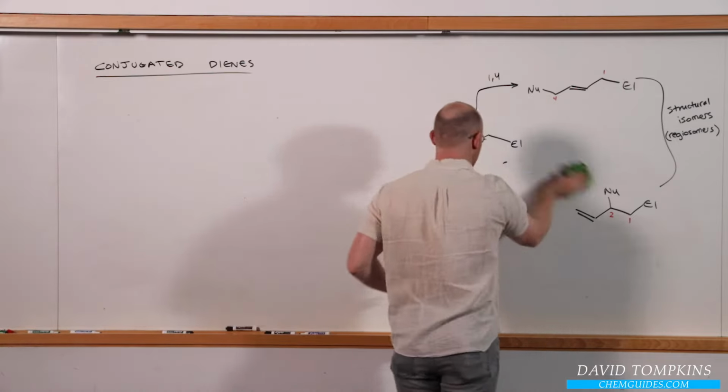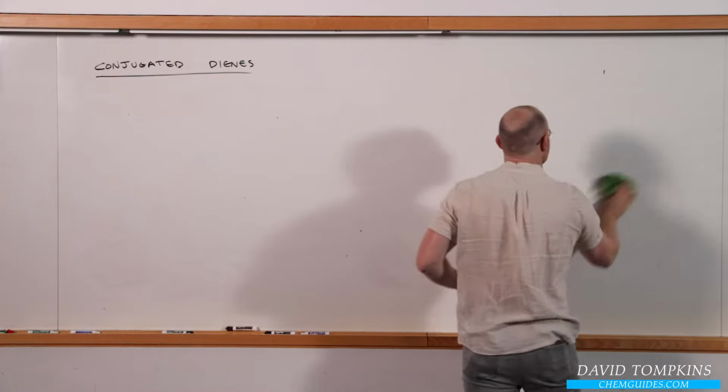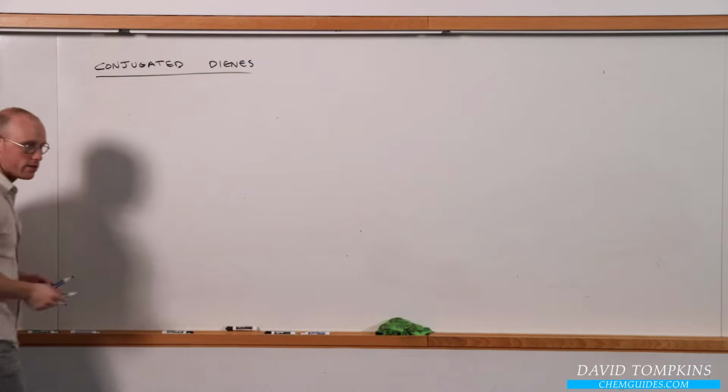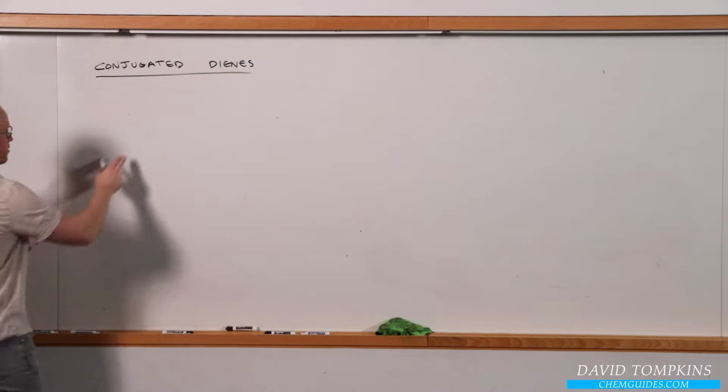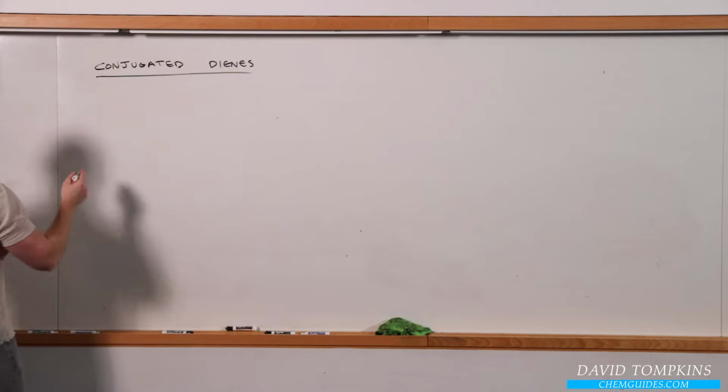So next, let me do a brief introduction to this concept of kinetic versus thermodynamic control, which we will see as a theme throughout the course, and that it dictates regioselectivity and stereoselectivity for multiple reactions. But first, we'll do it with 1,2 and 1,4 additions.